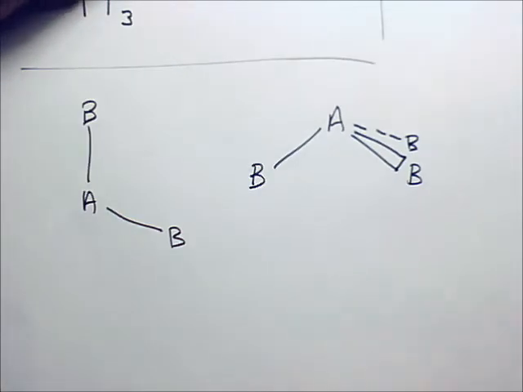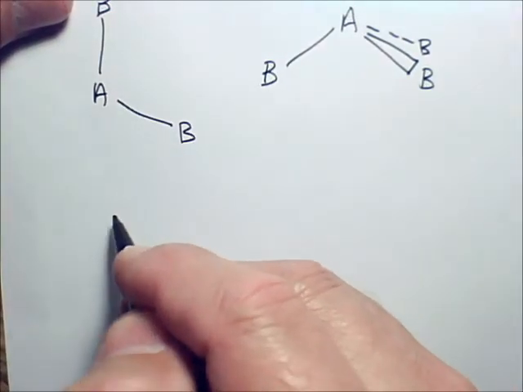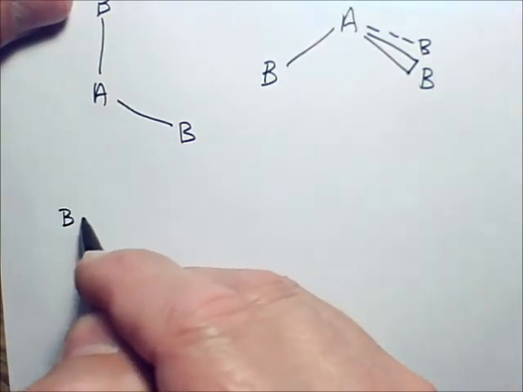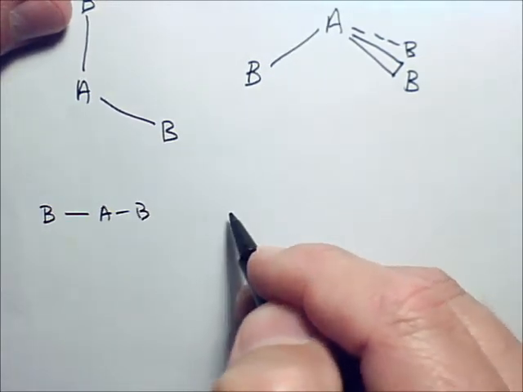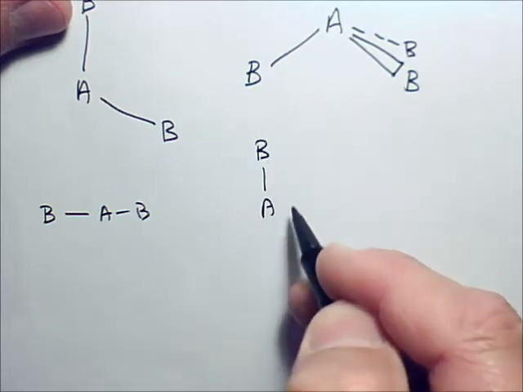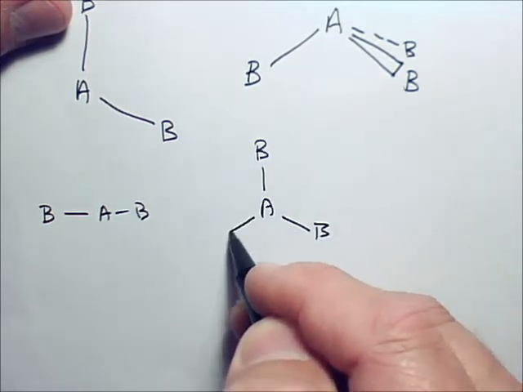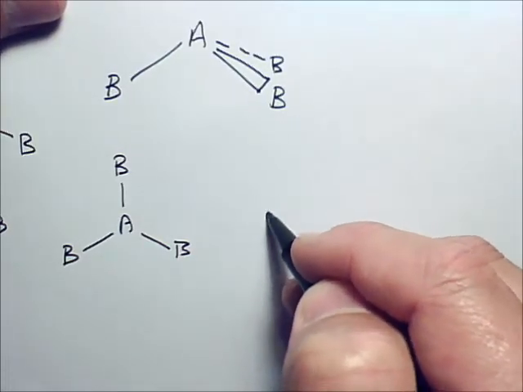Okay, so those are the only 2 uneven shapes that we deal with in here. There are 3 even shapes that we've dealt with in here. There's linear. Let's see, there's trigonal planar. And then, yes, there is indeed tetrahedral.